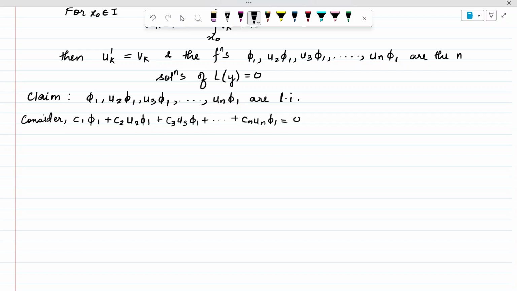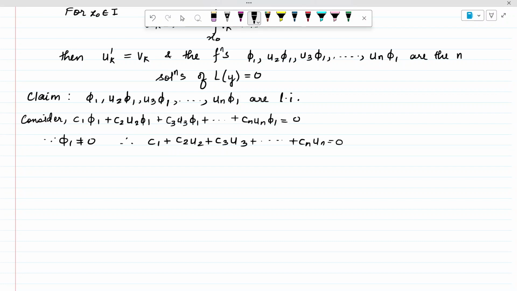This is equal to 0. Now, since phi 1 is not equal to 0, I can divide by phi 1. I'll have C1, C2 U2, C3 U3, Cn Un is 0. I have to prove these are linearly independent.